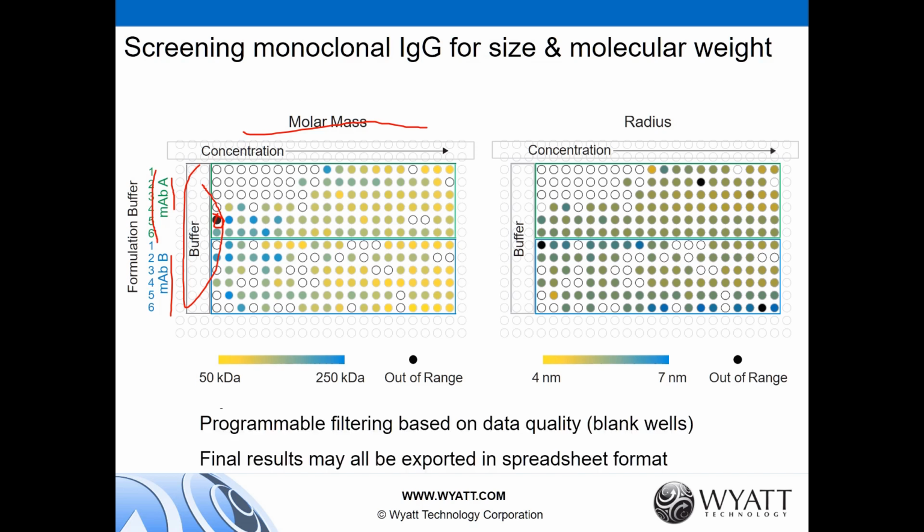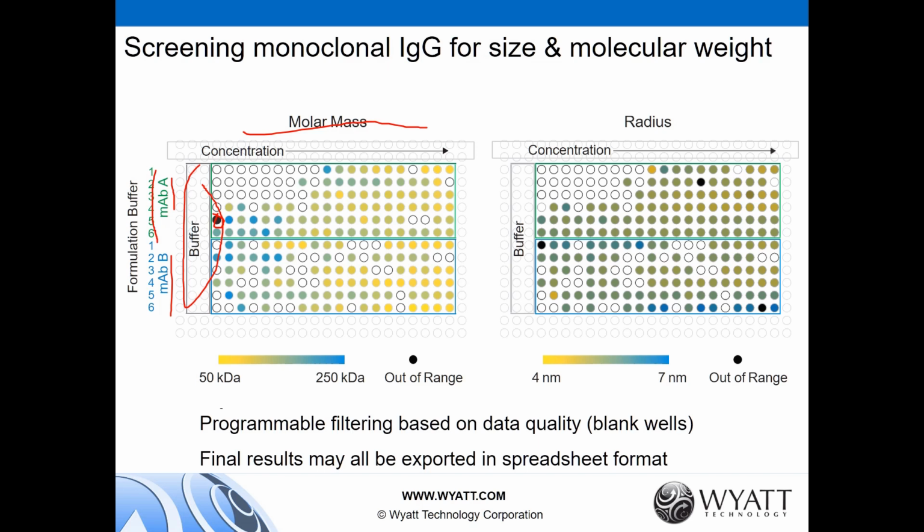You'll notice that there's some empty wells here, and that's because the software allows you to do some programmable filtering based on data quality. So based on the various types of algorithms that are included in the software, you can say, well, there's a problem with the data here. There's probably a chunk of dust or something else in that well, so let's not take that measurement. And those are what you see here in the empty circles.